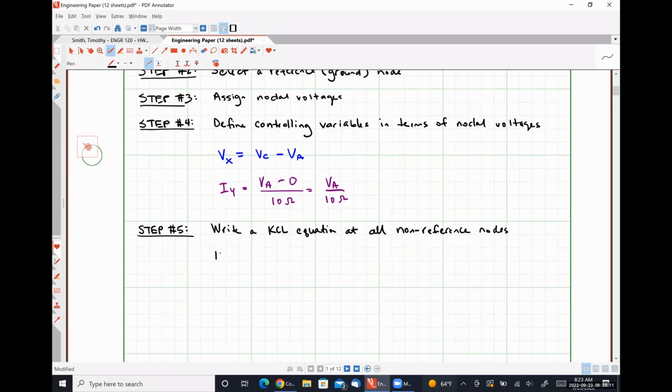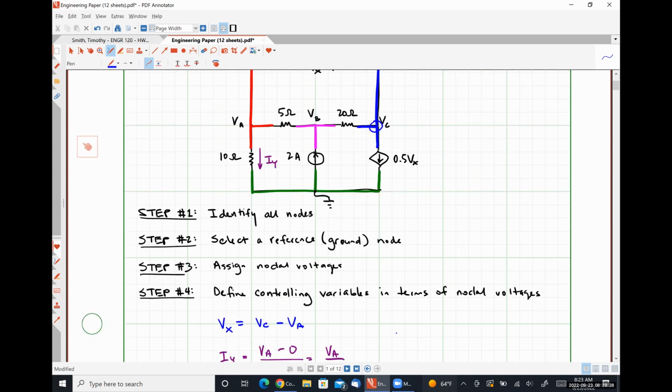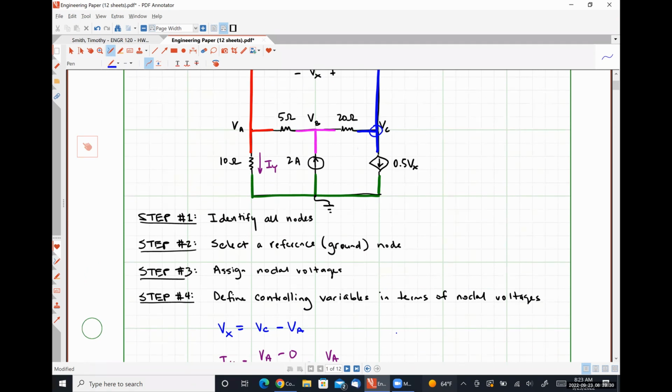So let's start, and I'll do this in blue. So KCL at node A, okay? How I like to do this is I literally put all of the currents that are leaving node A, okay?